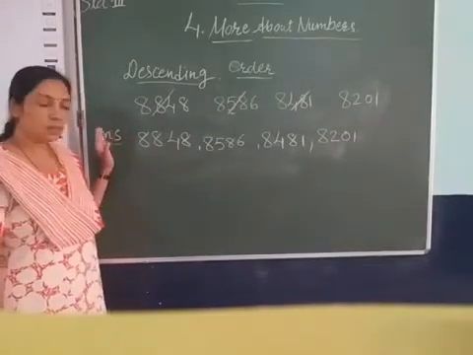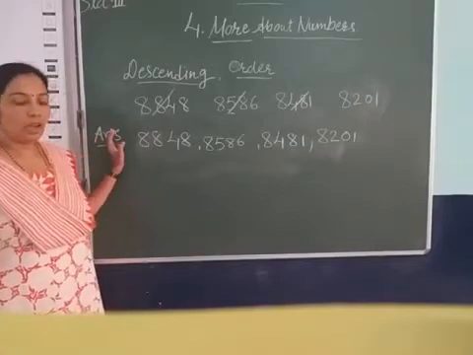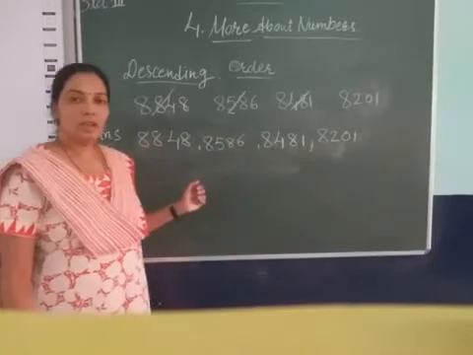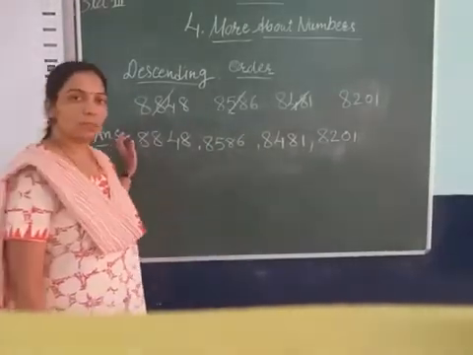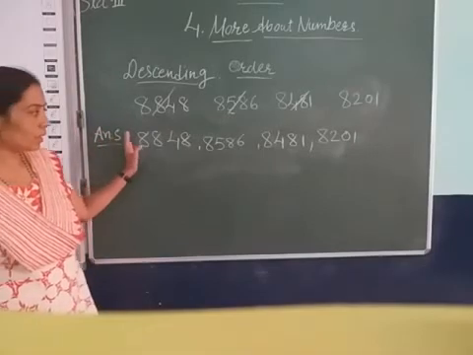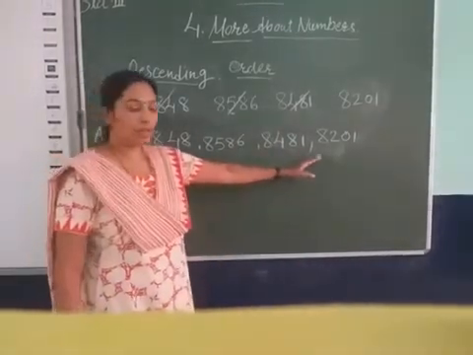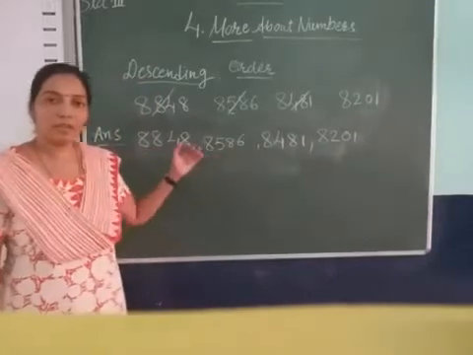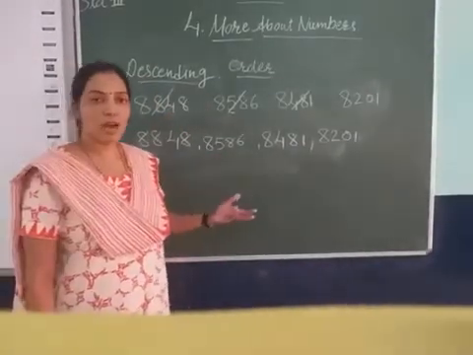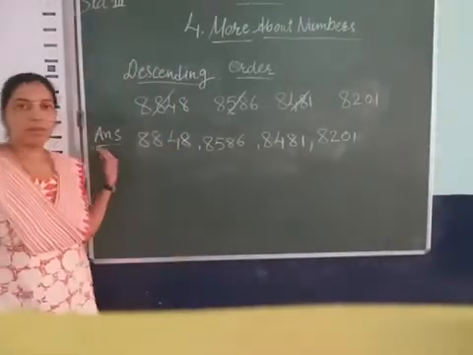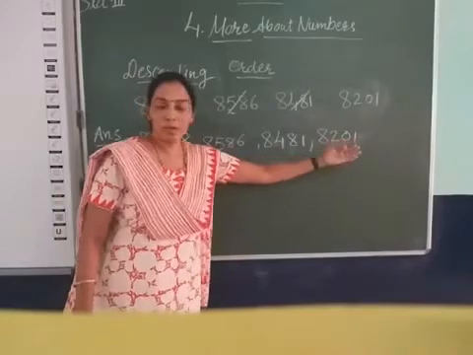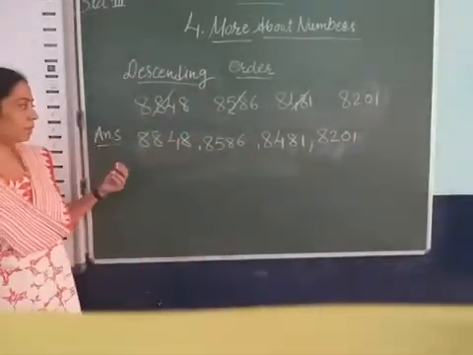Now this is the answer, but if someone asks you to write the ascending order for the same question, it is much easier. How? We start from the right side. Yes, the right side number 8201 for the smaller to greater method.